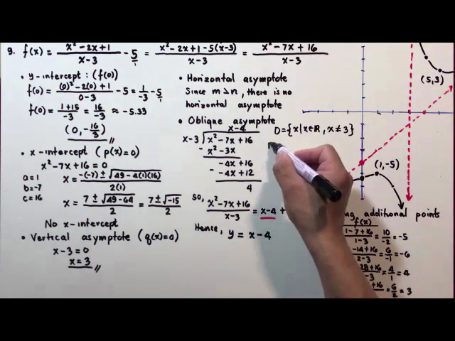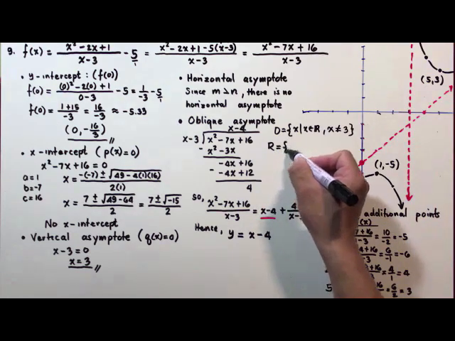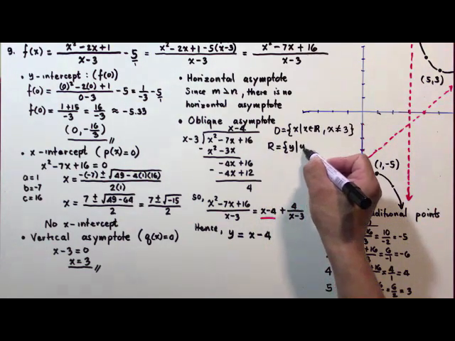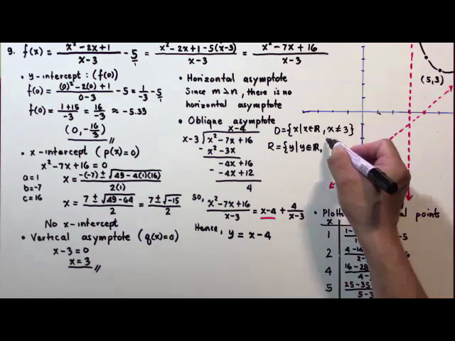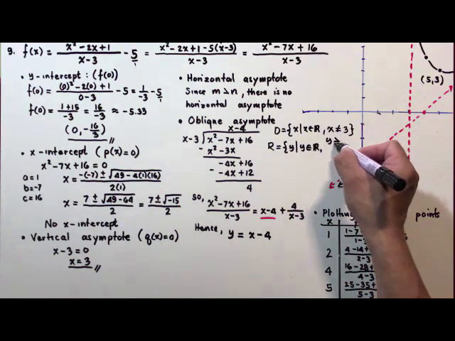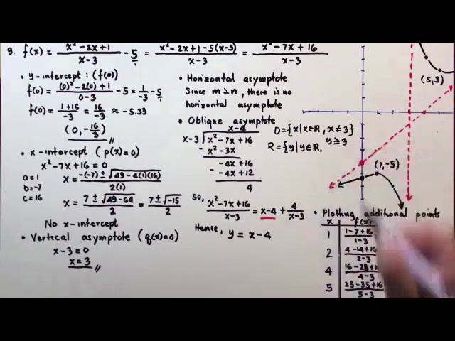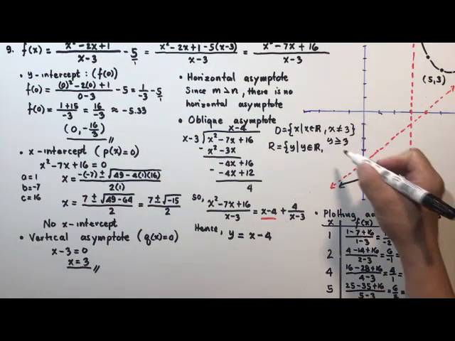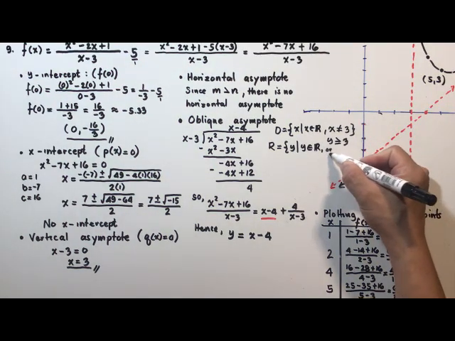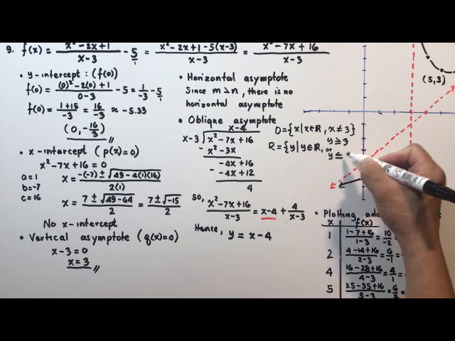Also, the range of the function is the set of all y such that y is a real number but y is greater than or equal to 3, because the function exists from 3 and above, or y is less than or equal to negative 5.